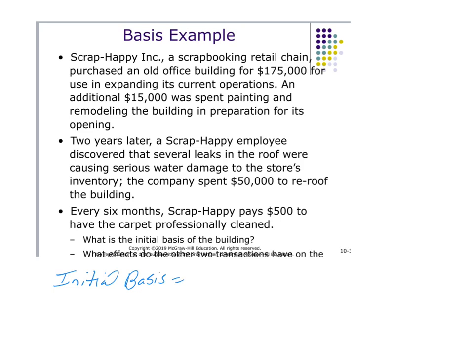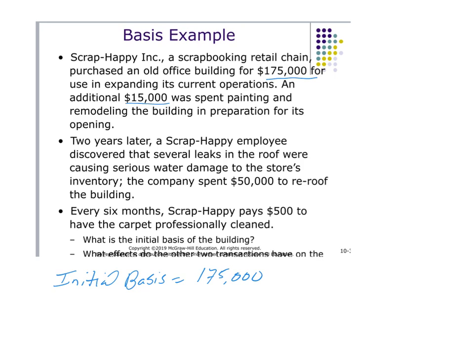So what's the initial basis? Well, what do we know? We know we had purchase price of $175,000. What else do we know? We know an additional $15,000 was spent painting and remodeling in preparation for its opening. So what does that mean?